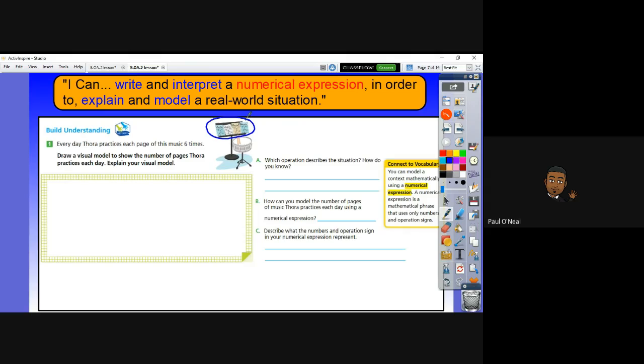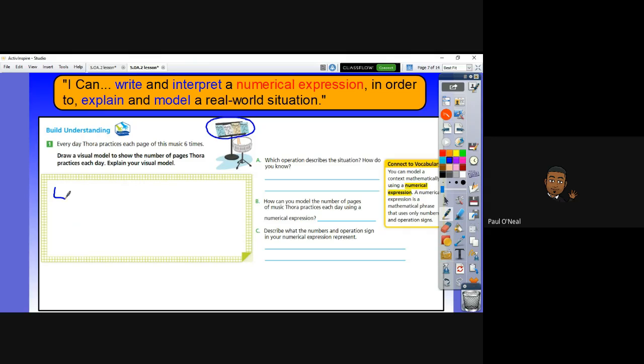Okay? Draw a visual model to show the number of pages Thora practices each day. Well, we know that there are 4 total pages. It says she practices each of those 4, 6 times. So let's see how we can draw this as a representation.